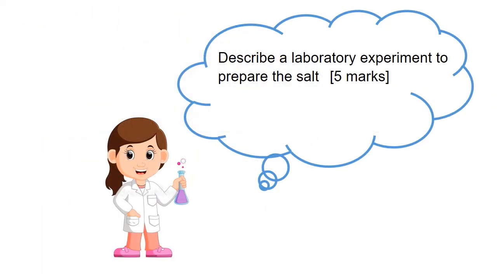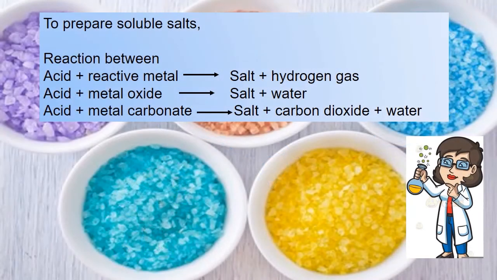Describe a laboratory experiment to prepare the salt. To prepare the soluble salt: acid and reactive metal produce salt and hydrogen gas. Acid and metal oxide produce salt and water. Acid and metal carbonate produce salt and carbon dioxide and water.